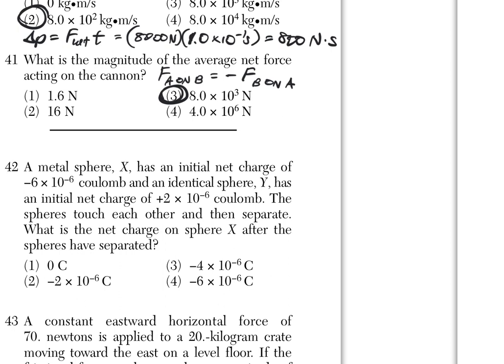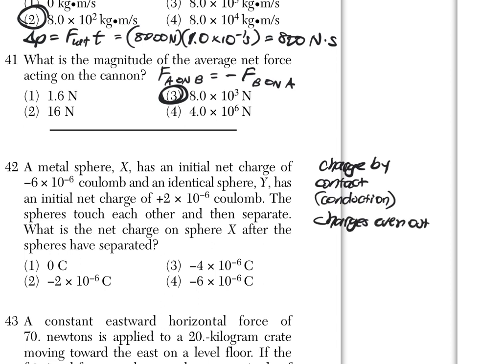And so when you have two things touch that are charged, the charges even out, so they have the same electric field strength on both, so they stop sharing charges. So if the charges even out, what does that even mean? We have to average the charges. How do we do that?